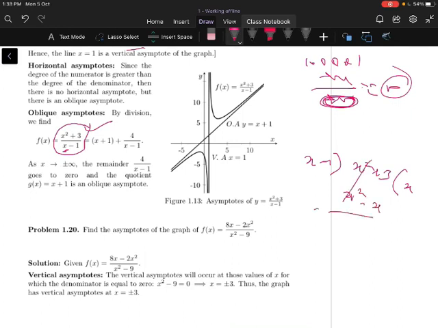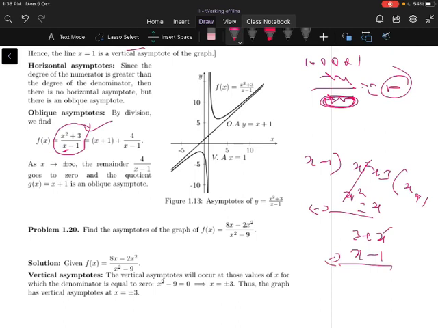Subtract: x² cancels, but here minus in minus becomes plus, so we get x + 3. Now again try to eliminate x by multiplying by plus 1, which gives x − 1.